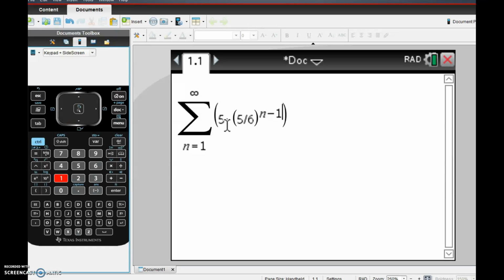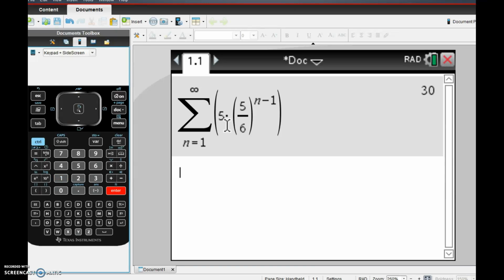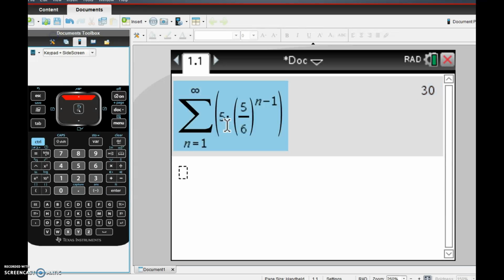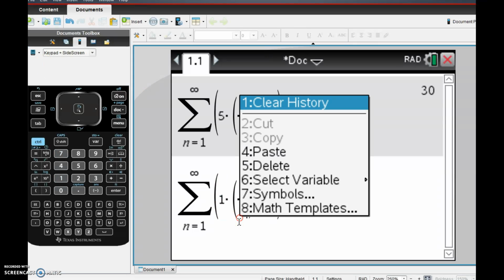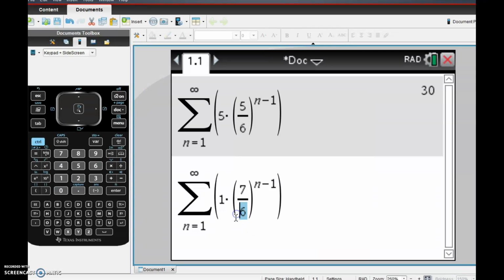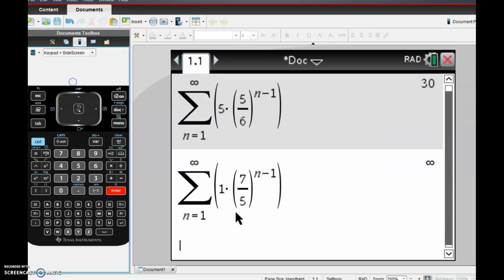Now, normally you would say there's no way the calculator is going to be able to do this, but this is a CAS. It can do some pretty amazing things. It gives you 30. That last example, what was the first term? First term was 1, I think. And then the common ratio was 7/5. We hit enter here.